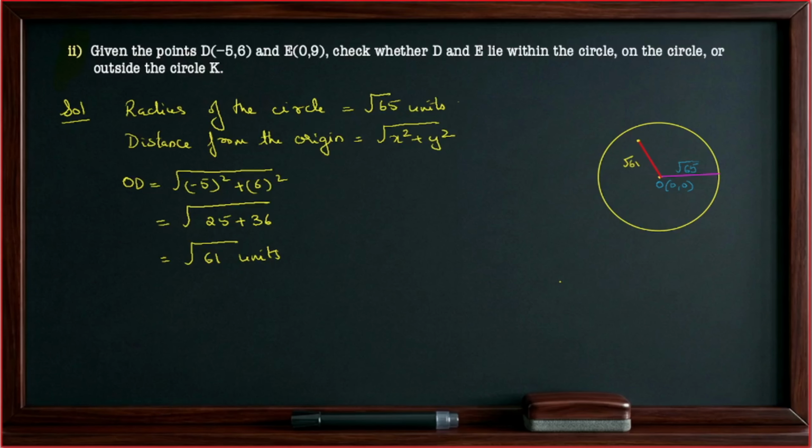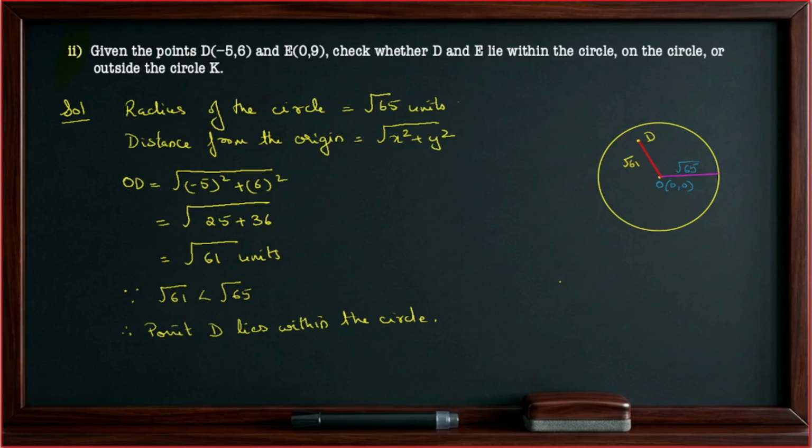So we got OD is equal to root 61 units, which means D is inside the circle. Since root 61 is less than root 65, therefore point D lies within the circle.